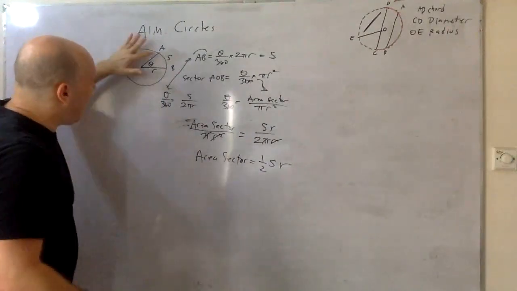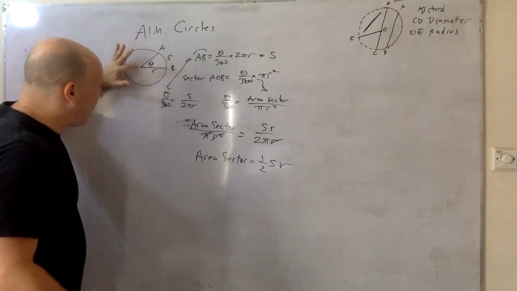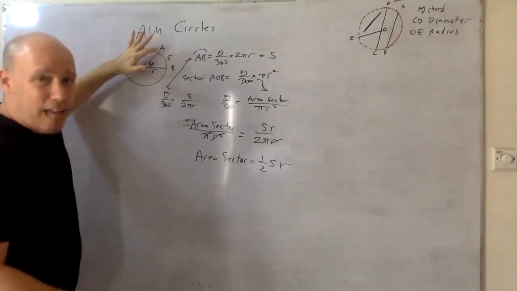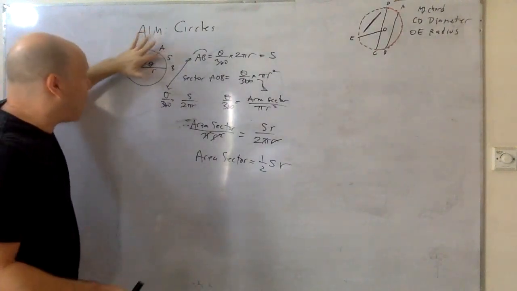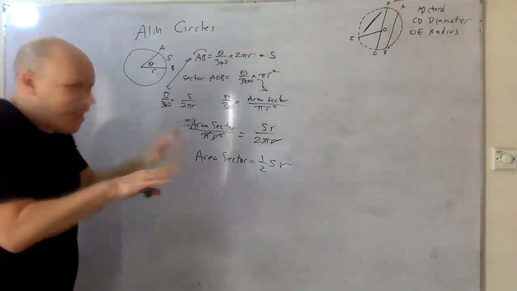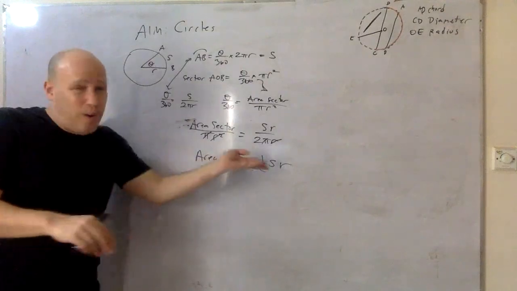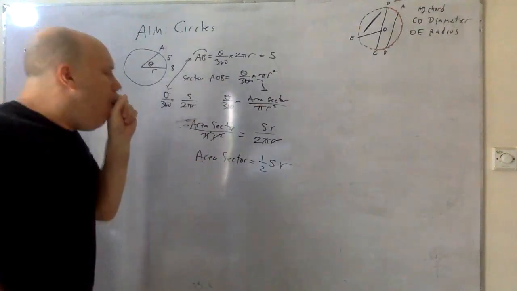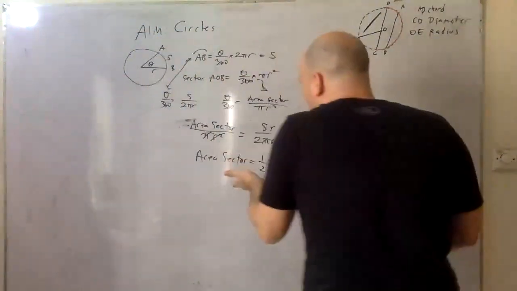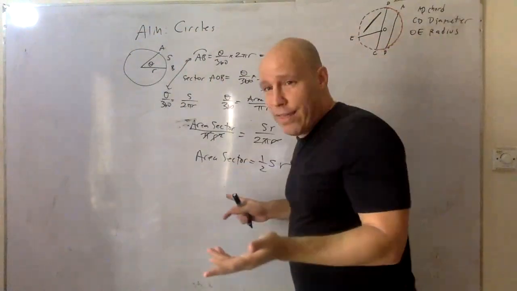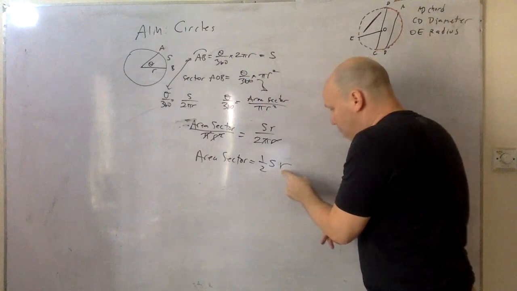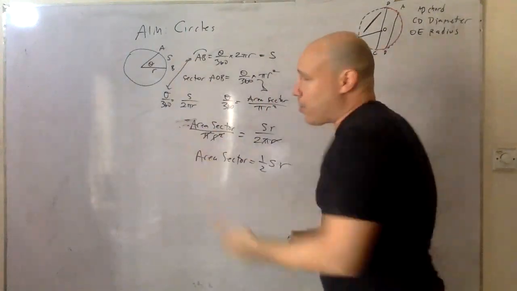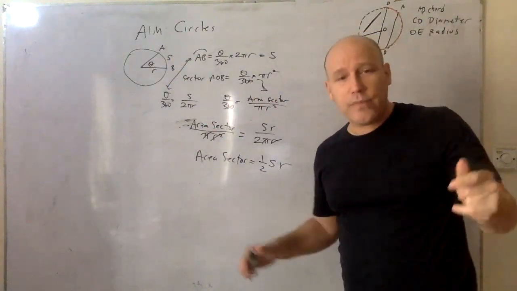It's kind of like the area of a triangle, 1/2 the base times the height. It's not the same, but there's that weird connection. If you have the arc length and the radius, you can find the area of that sector. It's really awesome.